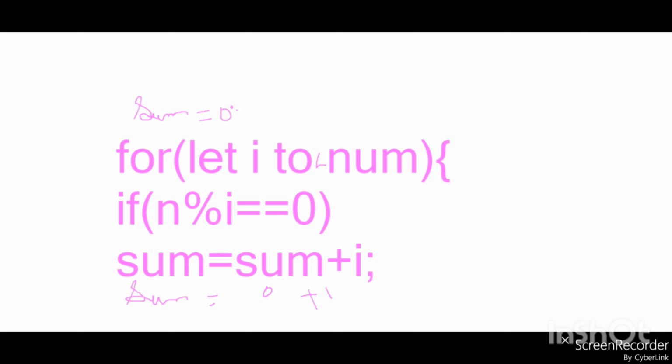So the sum is 0, 0 plus 1 is equal to 1, because the i value is 1 for the first iteration, and 1 is going to be added to sum, because the condition is if n modulus i, so 10 modulus 1 will definitely give you the remainder, that is 0.